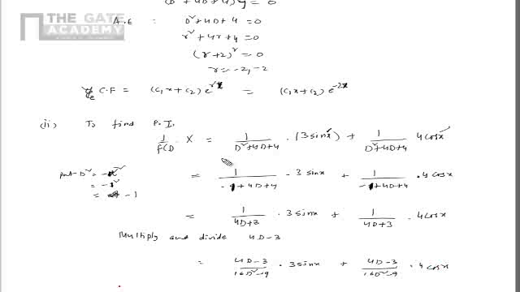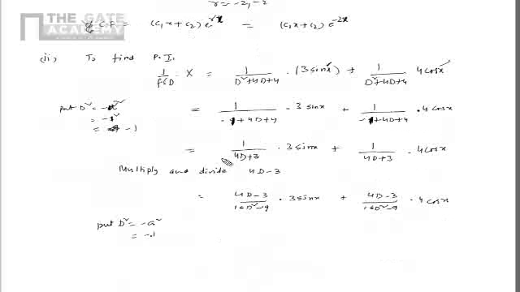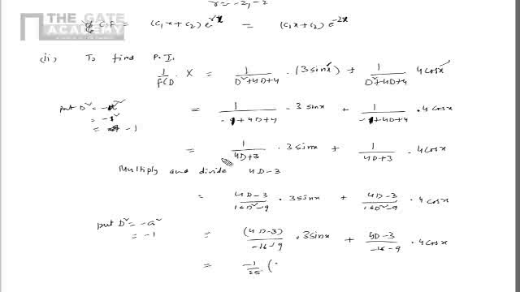Now you can put D^2 in place of minus a^2, which is minus 1 here. If you substitute like that, you will get 1/(-16 - 9) times 3 sin x, and this as 1/(-16 - 9) times 4 cos x. So you will get minus 1 by 25 in both places.